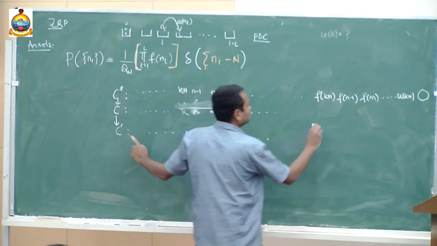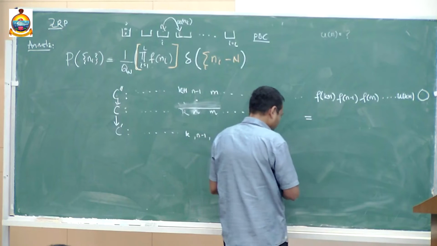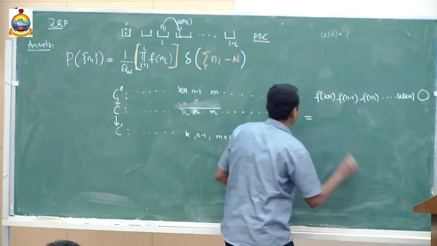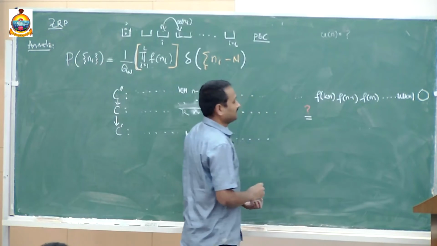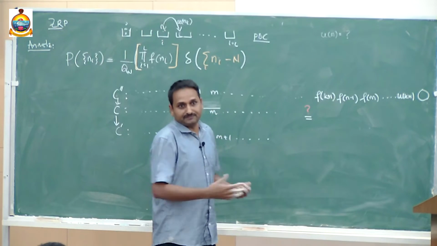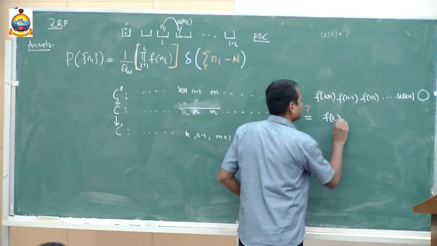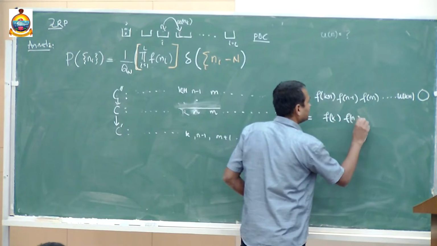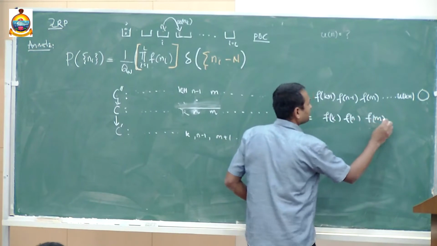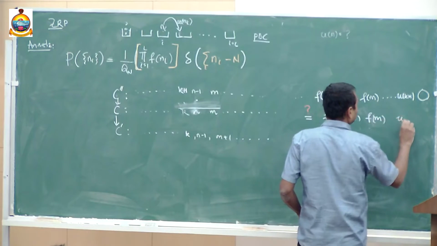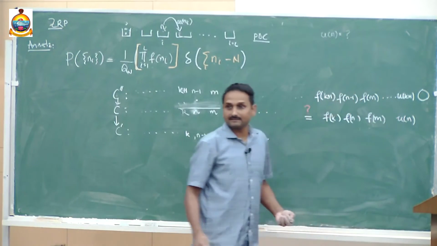I do not know whether it is the same. This is a check I am doing. If they balance, that's the demand. So this is f of k, f of m, and f of m, and u of n.